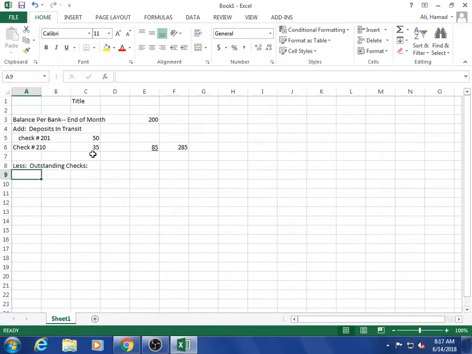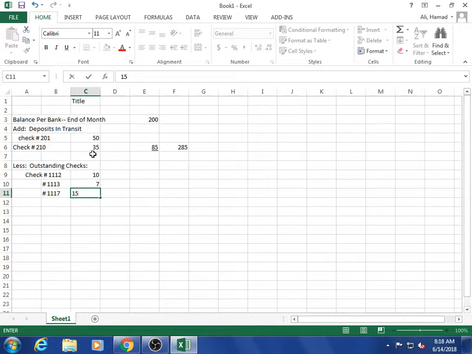Let's say you have a couple of checks. Let's say you have check number, and this one is for $10, and check number, and this one is for $7, and check number 7 for $15.